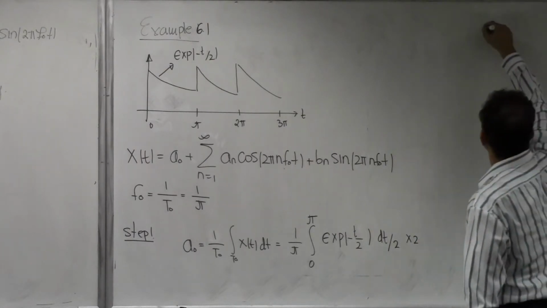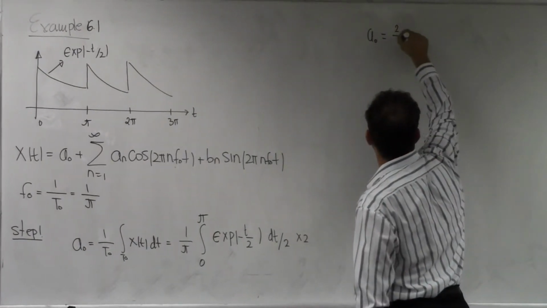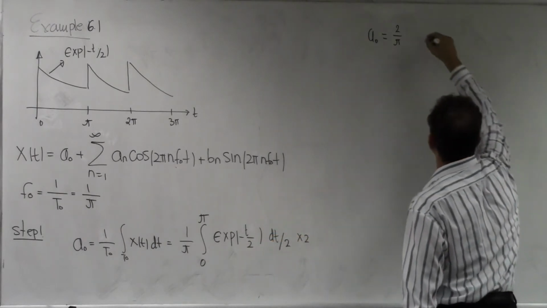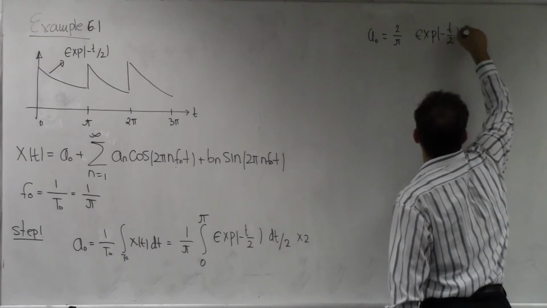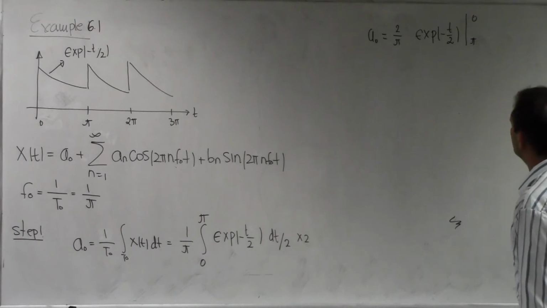So the A0 here is 2 over pi. Integral of e to the minus t over 2 dt is minus 2 e to the minus t over 2. But because of the minus, I'm going to switch the boundaries here.